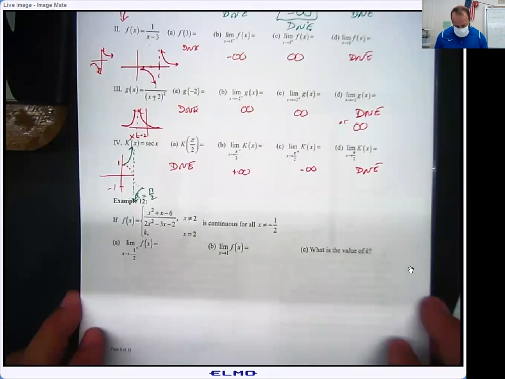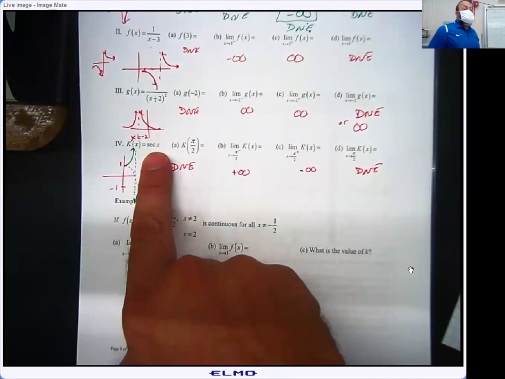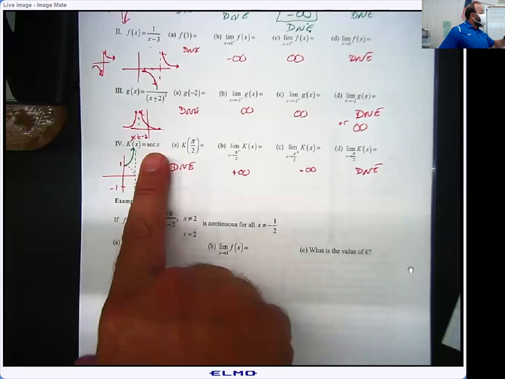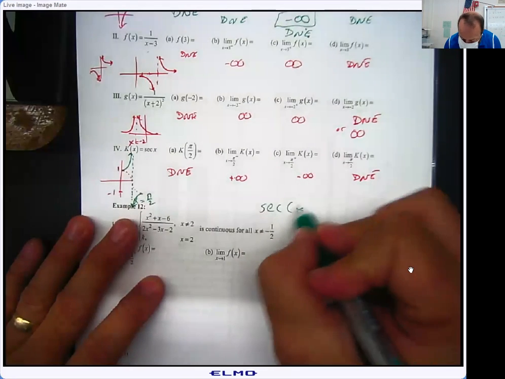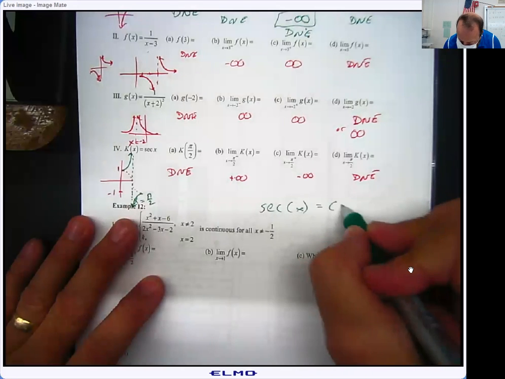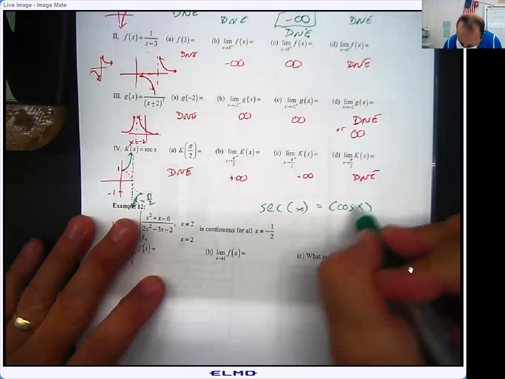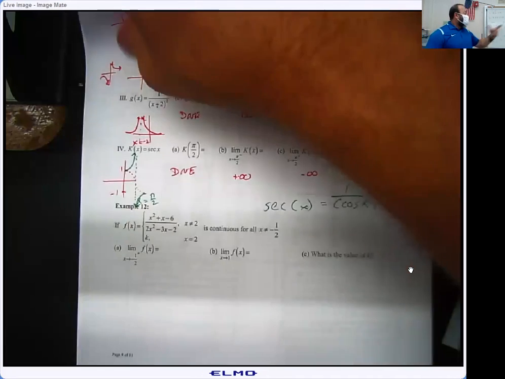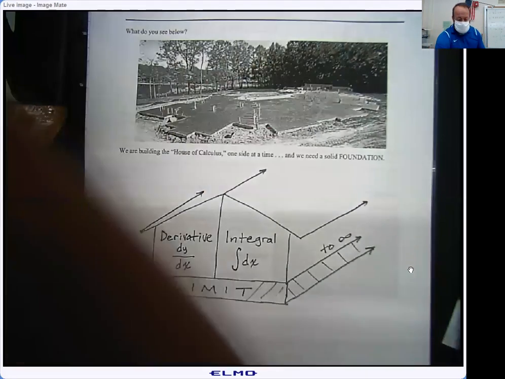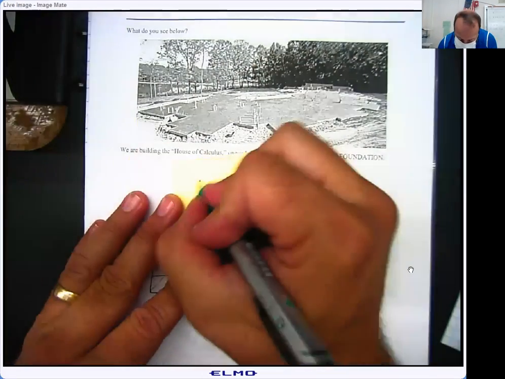Which one? Oh, that stands for secant, which is 1 over the cosine. A secant of x is the reciprocal of the cosine of x. So, let's see if you guys remember this.